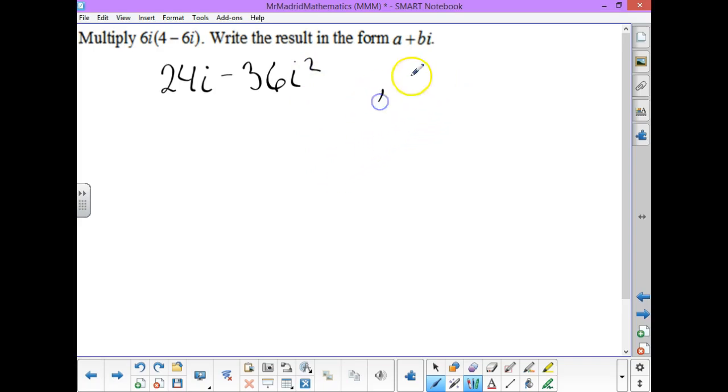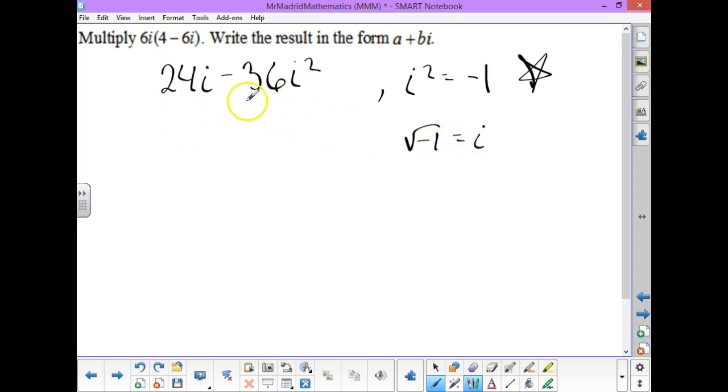Something very important for you guys to know is that i squared equals -1. If that seems a little strange, remember that the square root of -1 equals i. You can make that connection yourself there. Okay, that's your prior knowledge.